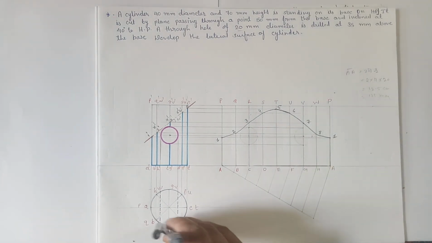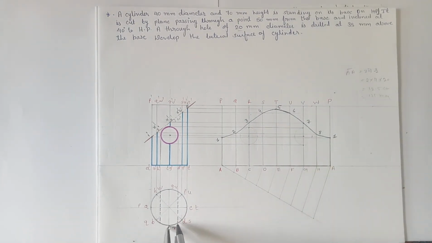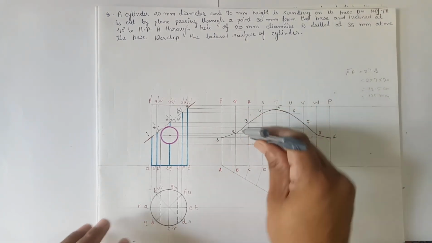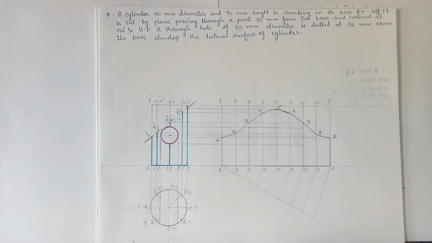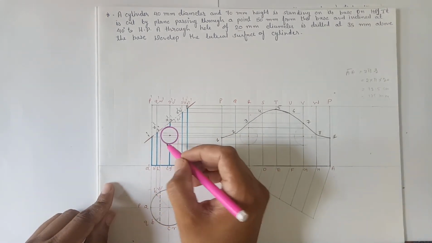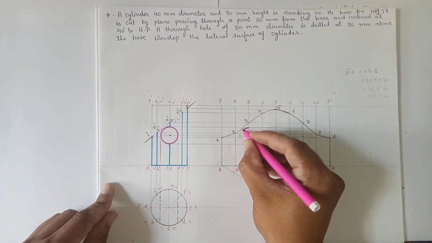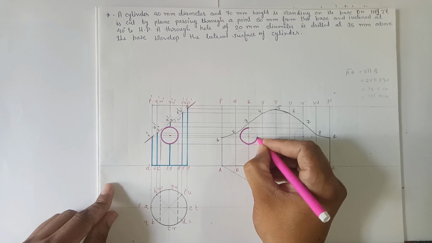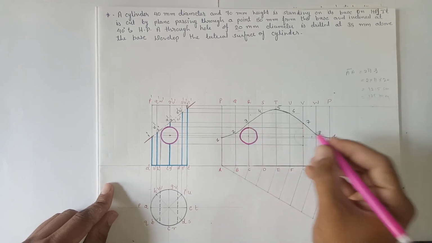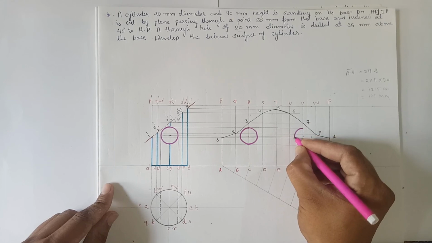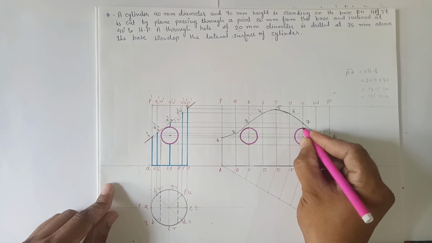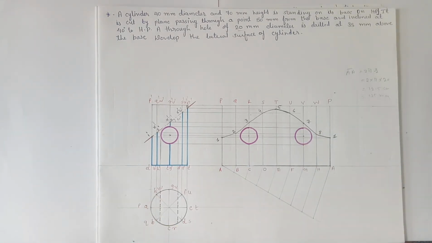The same length will be away from here, C to R on CR generator, these 2 lengths. So from the CR generator, from the center, mark these 2 points and draw the freehand curve passing through these points. This will be the development of this hole till 35 mm above the base, and the diameter of the hole is 20 mm. So this will be the hole in the development part. Thank you.